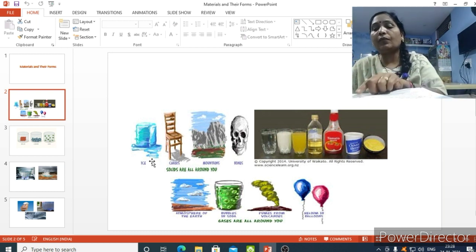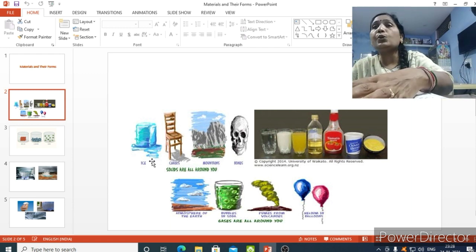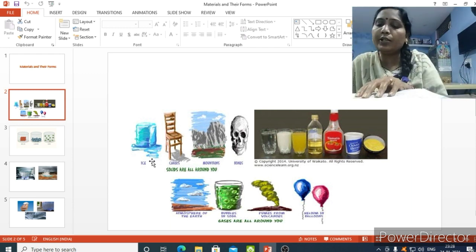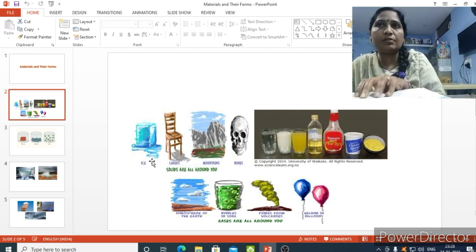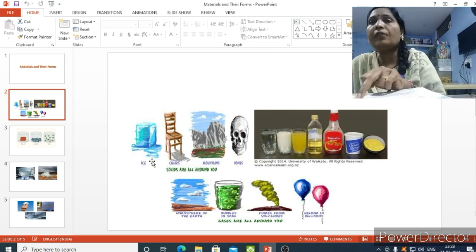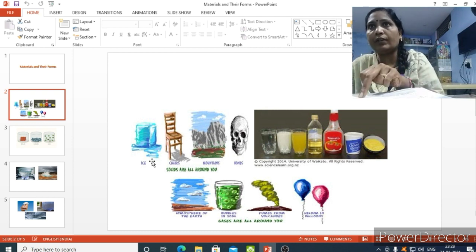Look at the picture, identify the solid, liquid, and gas, and give your reason. So from one coffee cup only he has given, he is asking you to identify the three states from this. Yes, obviously, the cup is in solid form because it has a particular shape and it is occupying space.